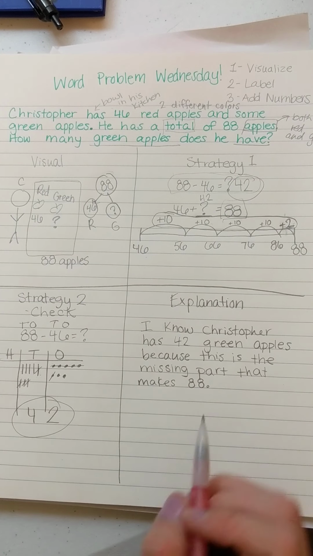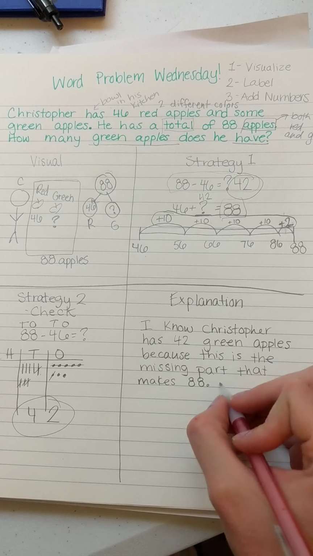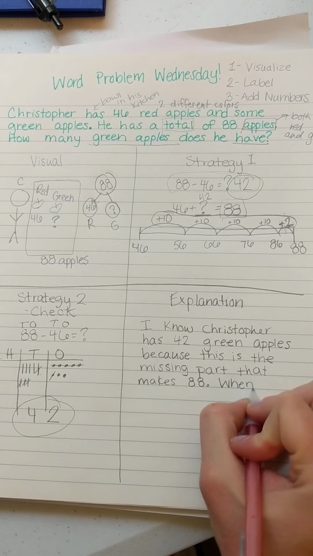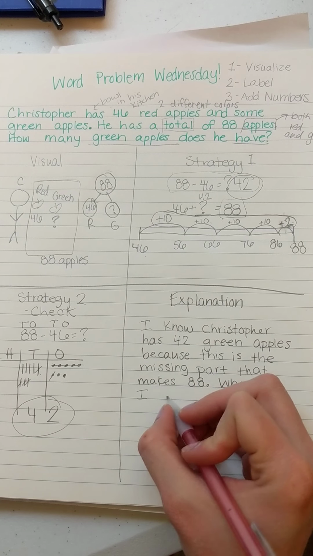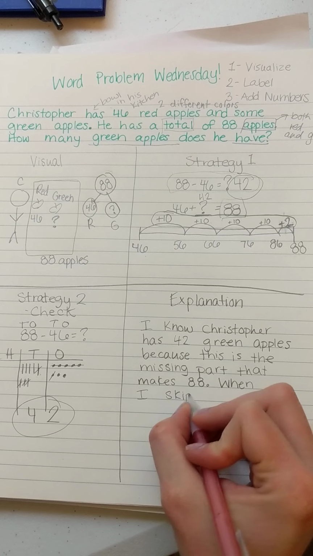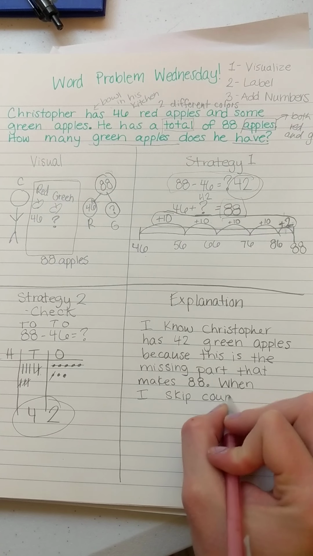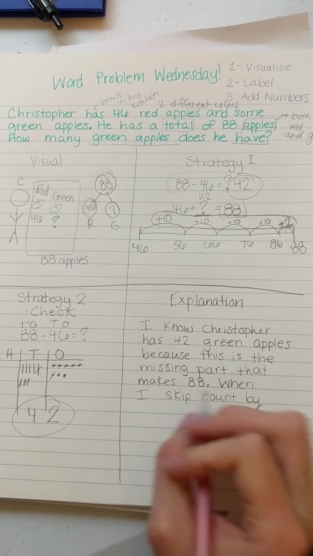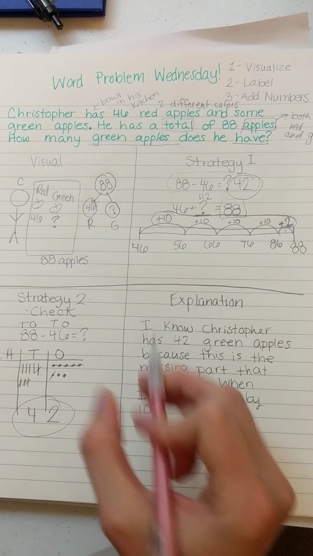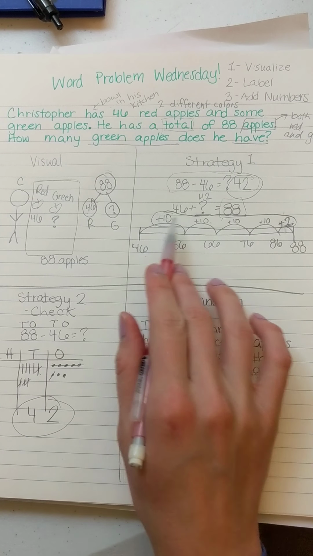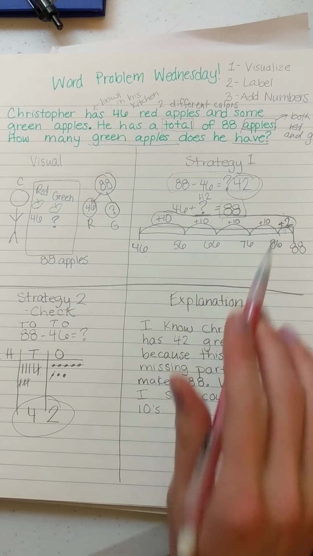Okay, so now I will explain a little bit more. When I skip count by tens, I'm talking about my number line strategy up here. I was skip counting by tens and 2.